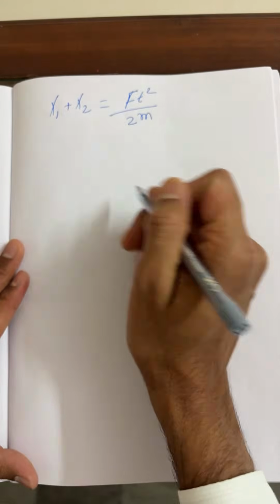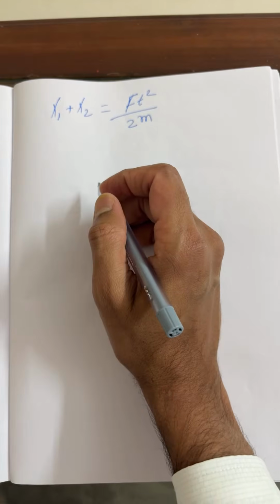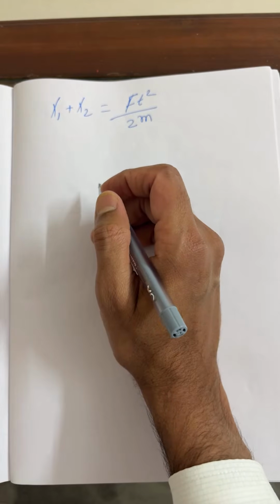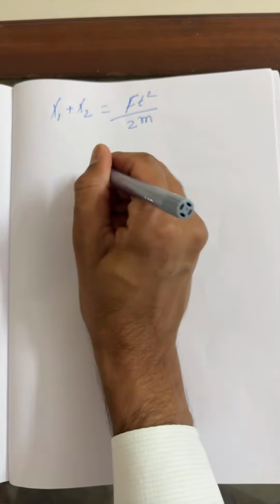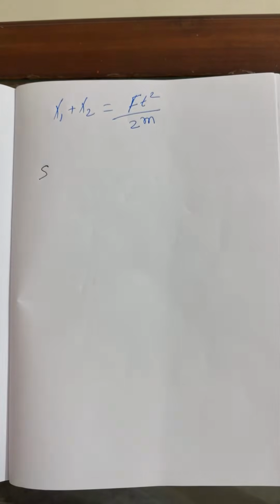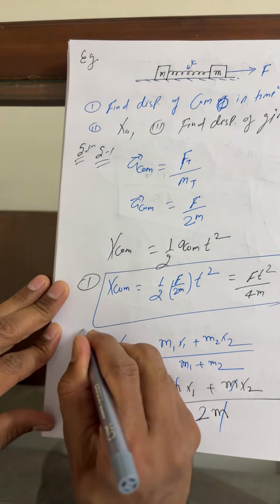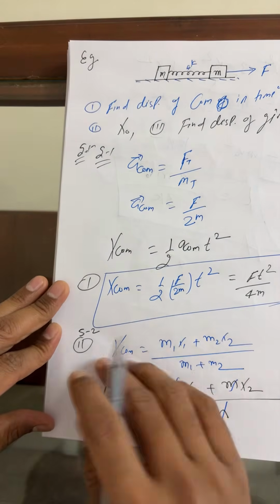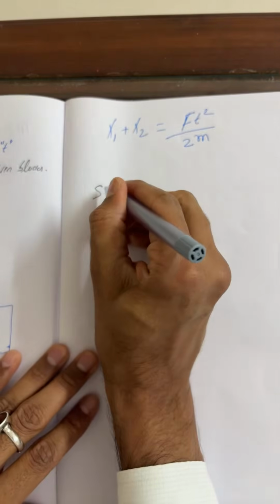x1 minus x2, you can write here. This is step 1, this is step 2, and now I'm going to continue with step 3.